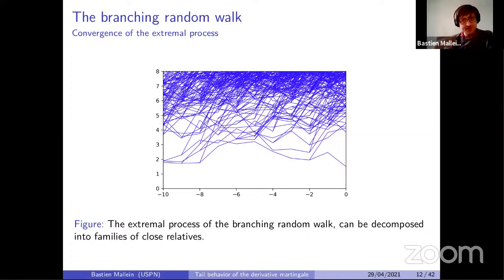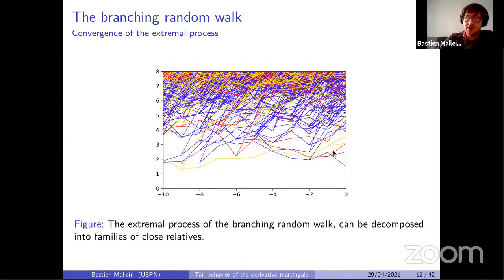Then there is a second particle, not belonging to this blue family, that is also able to go very low. Here it will be my red family. The position of the minimum of the red family has an exponential delay with respect to the leader of the blue family, and this delay is an exponential random variable with parameter 1.